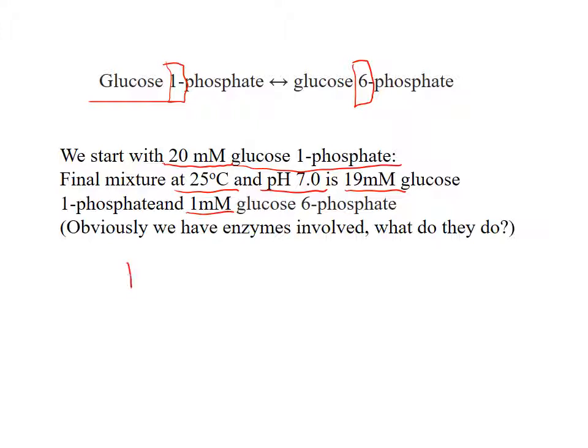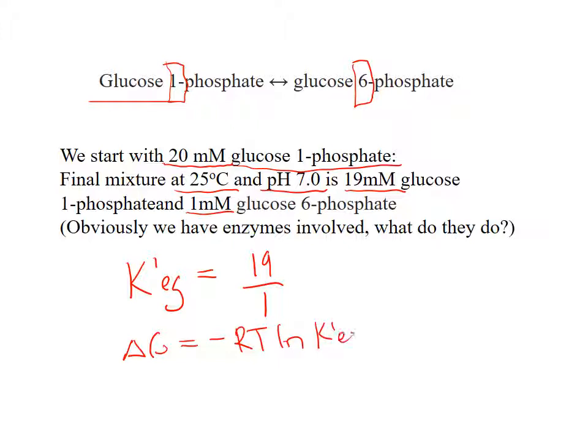And here the equilibrium constant obviously would be 19 over 1. And if you remember that delta G is minus RT natural log of K equilibrium.